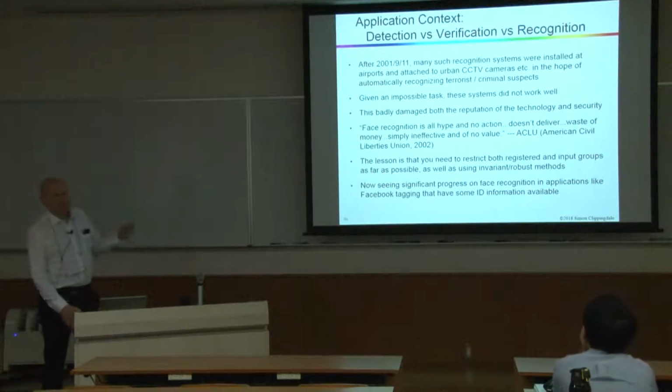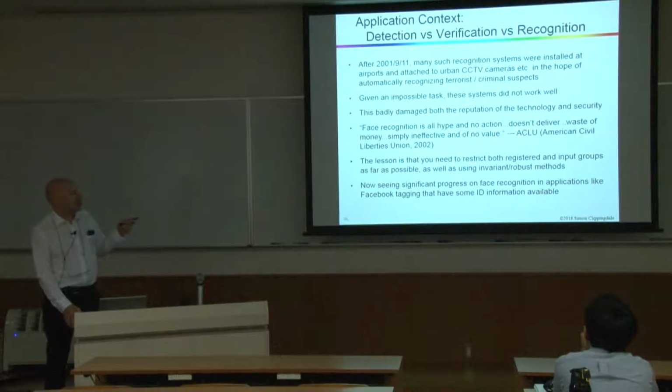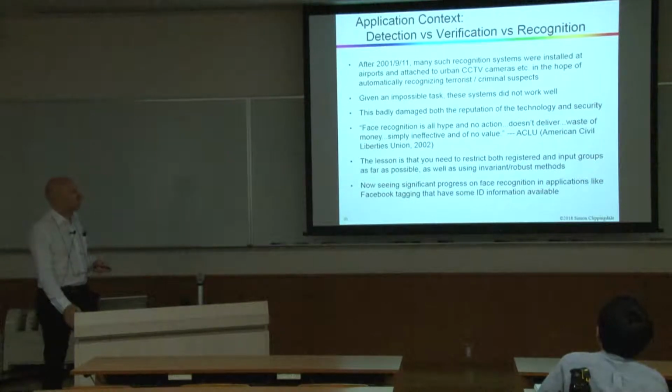And the idea was to try and intercept terrorists or whatever at the airport. And the task being impossible, these systems didn't work well. And it was impossible because there were too many people in the database and far too many people passing through the airport for the conditions to be good for a system that was feasible at the time.